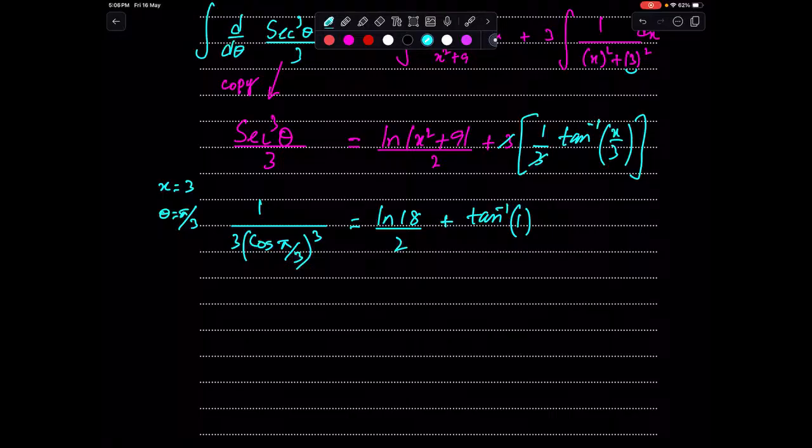So we will get 1 upon 2 cube here, and ln 18. tan inverse 1 is pi by 4.